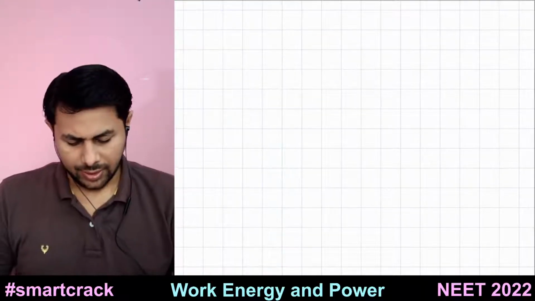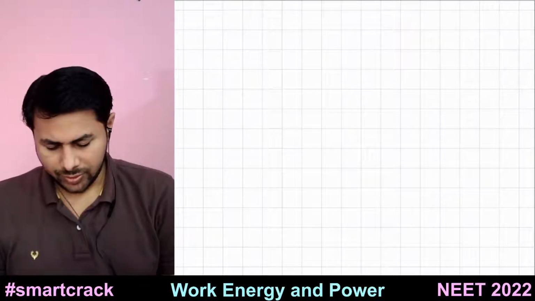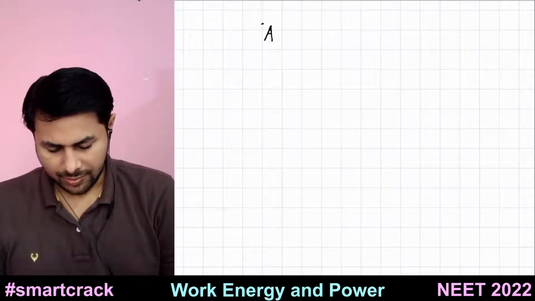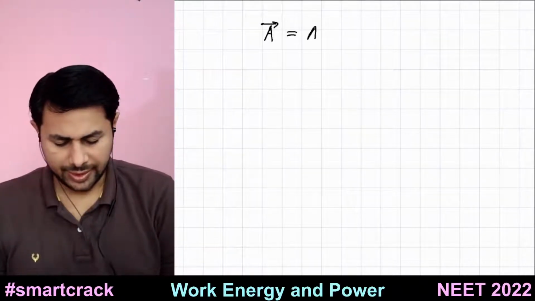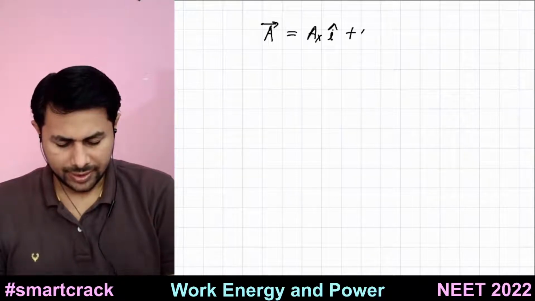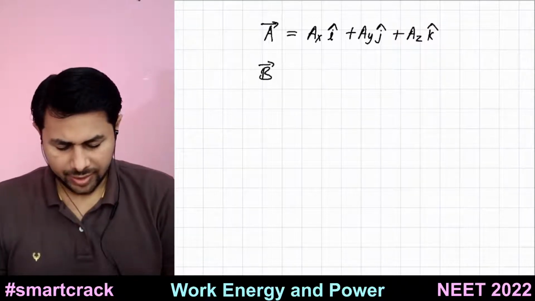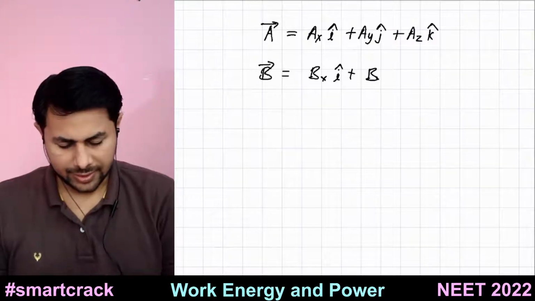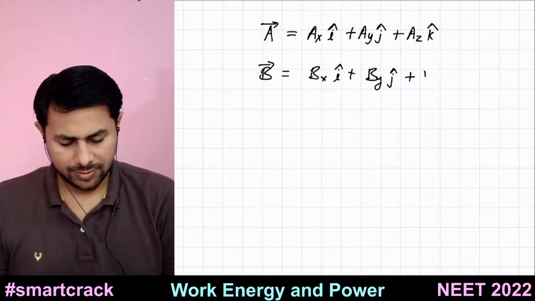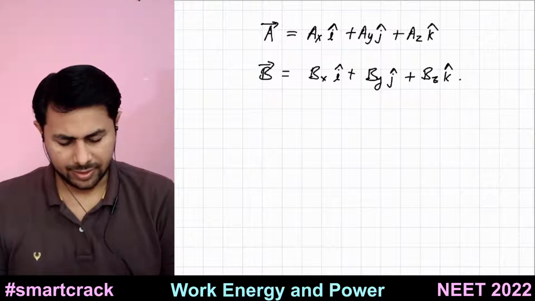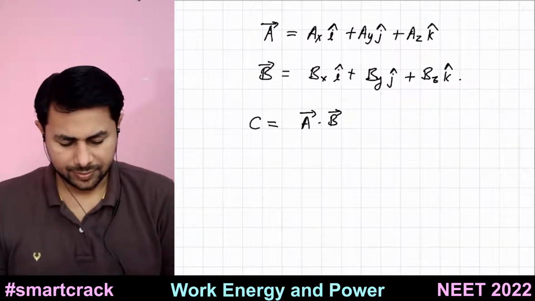Okay, so now let's suppose I have two vectors, a bar, which is ax into I cap plus ay times j cap plus az into k cap, and another vector b bar is bx into I cap plus by times j cap plus bz times k cap, and suppose c is equal to a bar dot b bar.